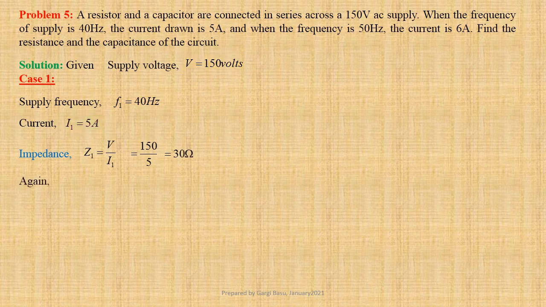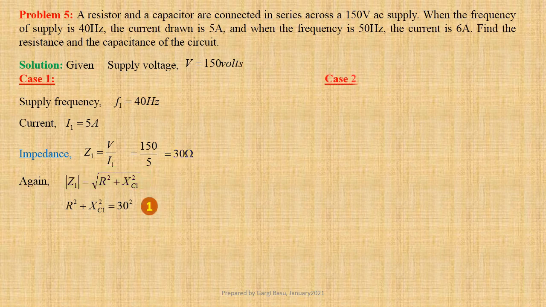Again, Z1 equals root over R square plus Xc1 square. Therefore, we can write R square plus Xc1 square equals 30 square. This is our equation number 1.